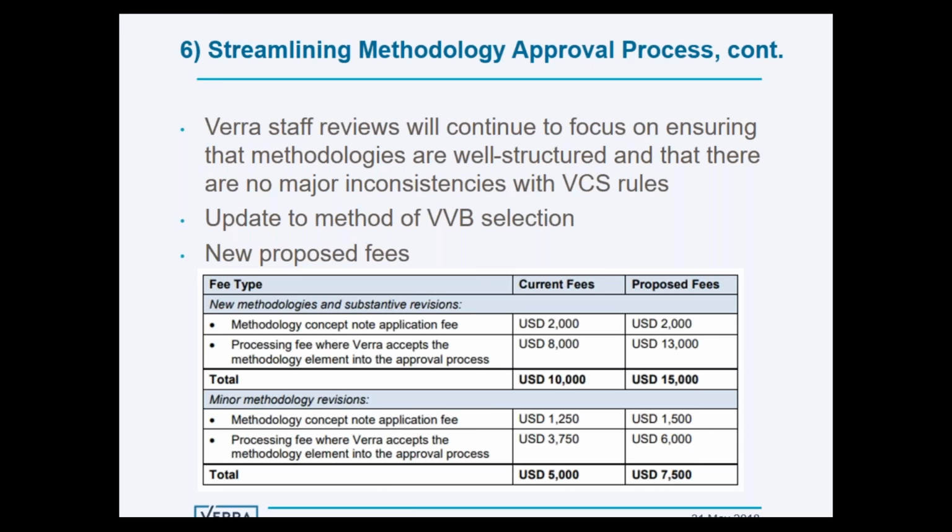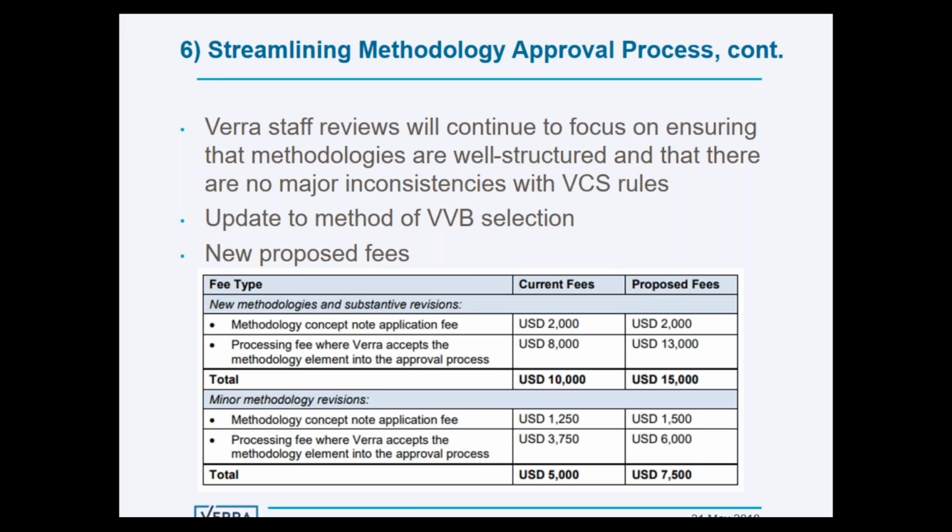We would then narrow down that list of VVBs that respond with a proposal to those that we view have the highest technical experience and expertise in reviewing the methodology, and then we would present those options for the methodology developer to select.